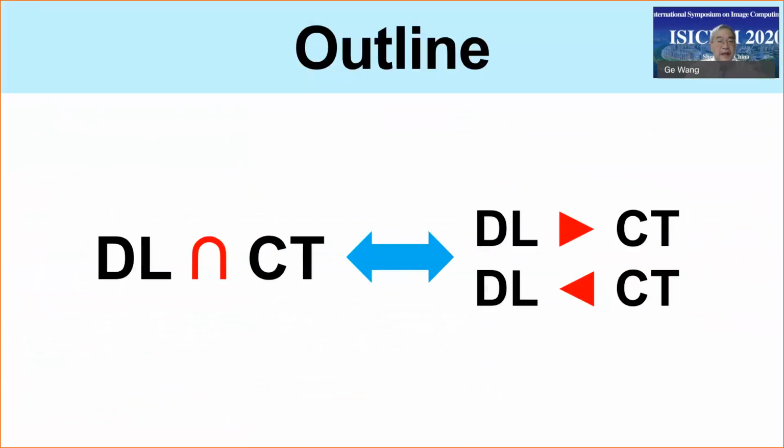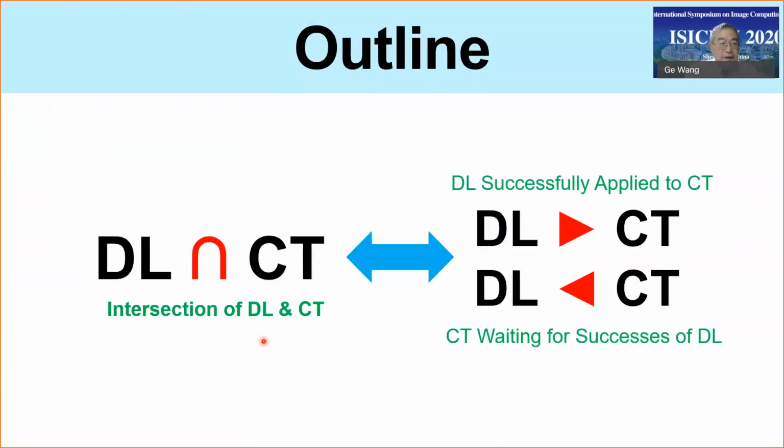So this is the outline for today's presentation. We will talk about the intersection of deep learning and computed tomography, and I will talk about two aspects of this intersection. First, from deep learning to CT, where we cover successful applications of deep learning in this field.